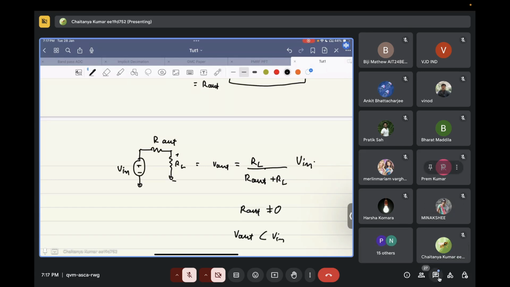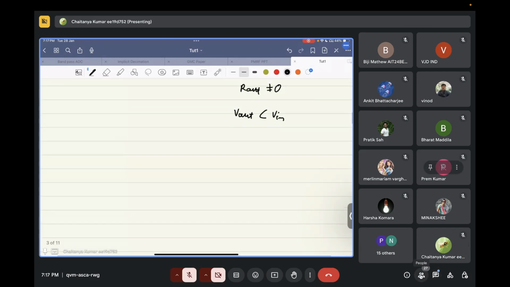So how will that look for an op amp? We will have this over here. I will have some Rin. Let's say this is the plus terminal, this is the minus terminal.